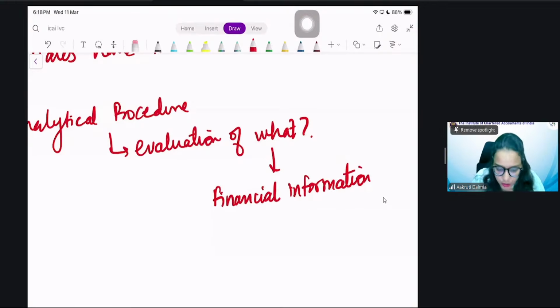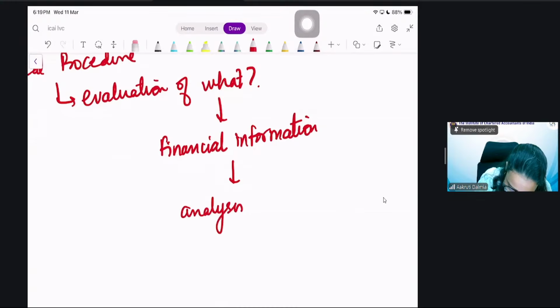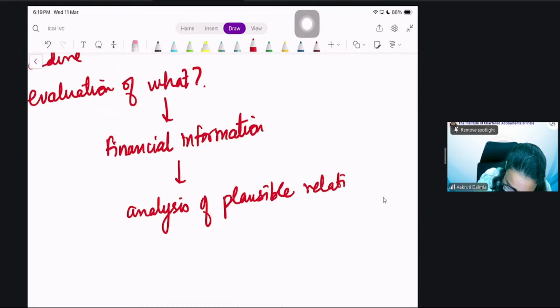How are we analyzing this financial information? Financial information is analyzed through analysis of plausible relationships.